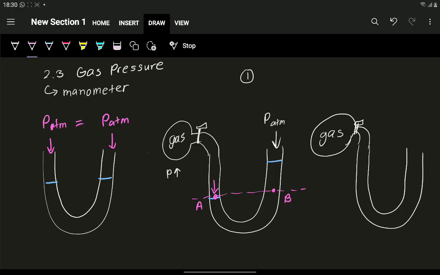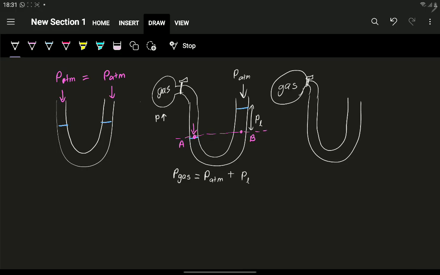So you can calculate the pressure of gas by using the pressure ATM plus pressure liquid. Okay, so this is PL.